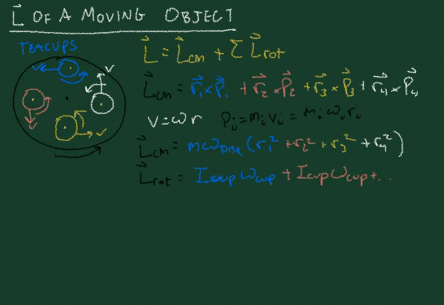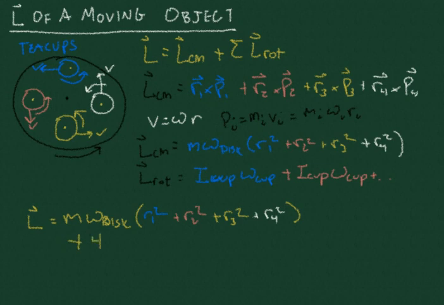And so our total angular momentum is just going to be the mass times the rotational speed of the disk, which is this black platform that they're traveling around, times r1 squared plus r2 squared plus r3 squared plus r4 squared, plus 4 times the moment of inertia of a cup, and then times the speed of each cup, right?